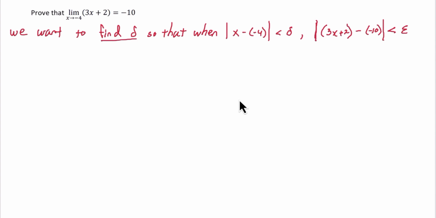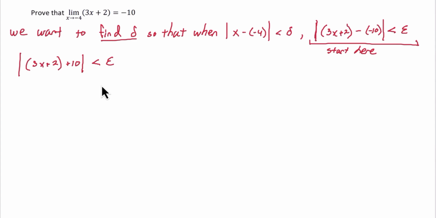We're going to assume this piece is true. So we're going to start with this information. We'll start here. So the absolute value of 3x plus 2, and then the minus -10 is really plus 10, is less than epsilon.